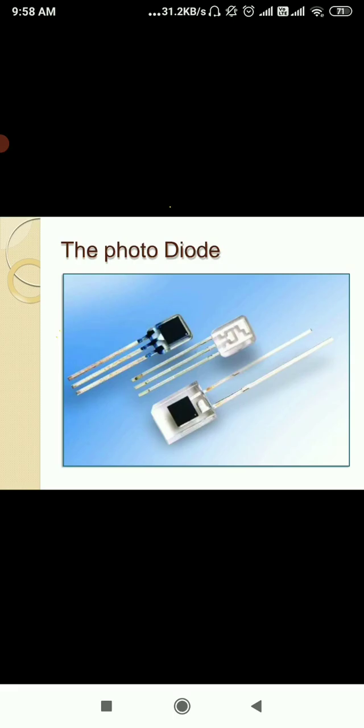Now we are supposed to see another special diode which we call a photodiode. A photodiode is an electronic component which will work exactly opposite to an LED. So can anyone explain its working principle?